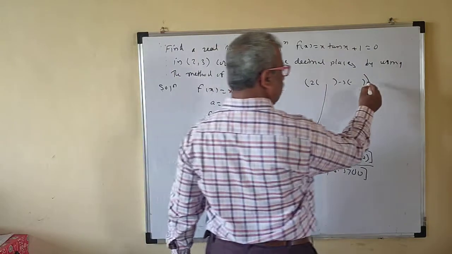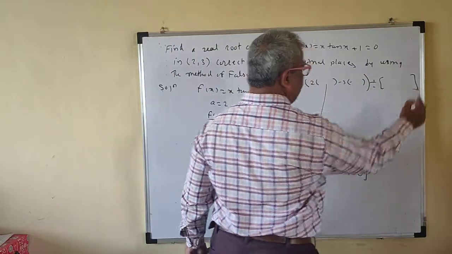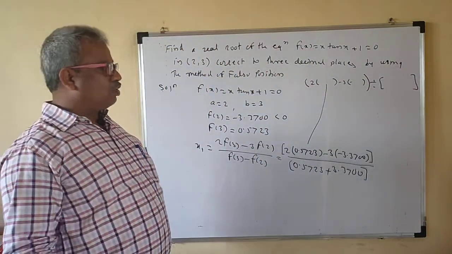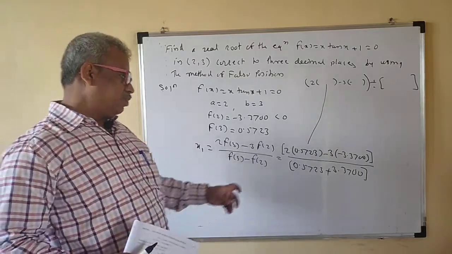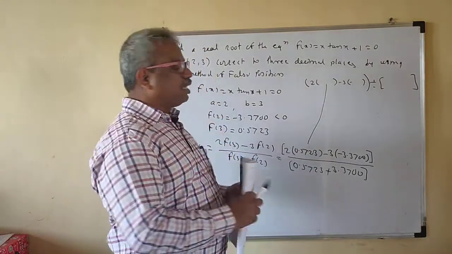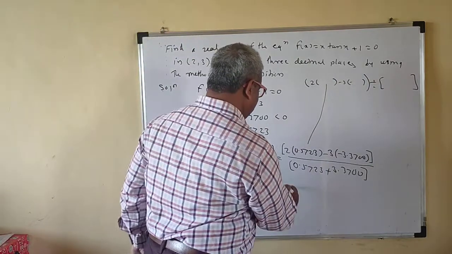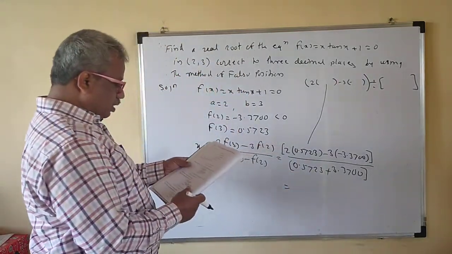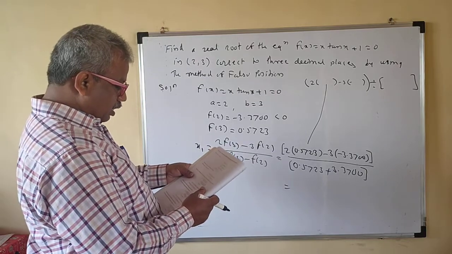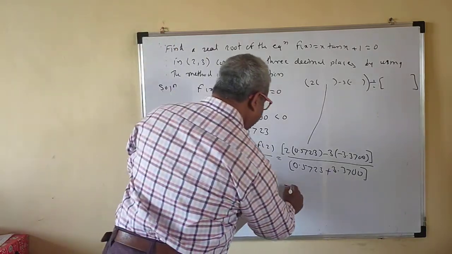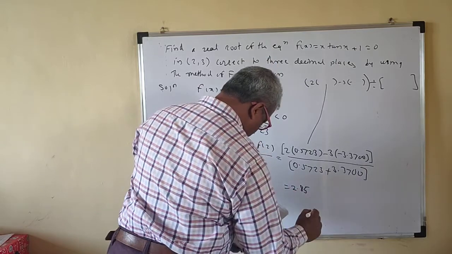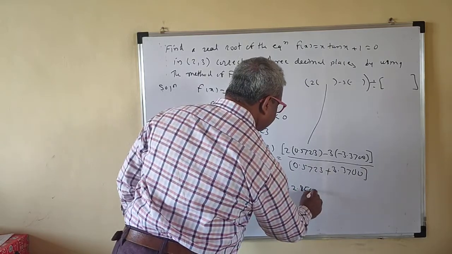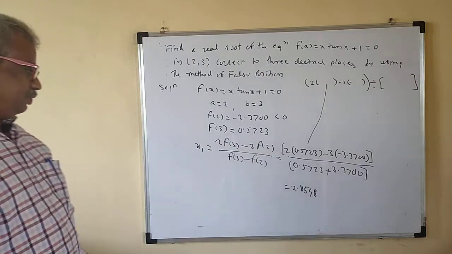Don't forget to close the bracket if you are opening the bracket. Just click on equal to, you get the value. I think this value will be 2.8548. You check this value.